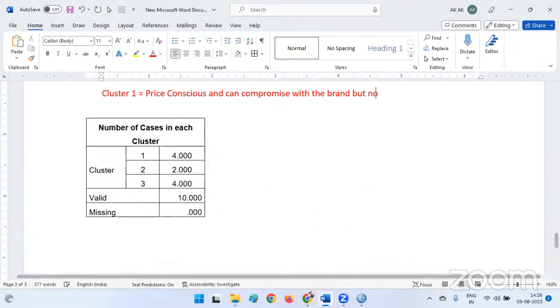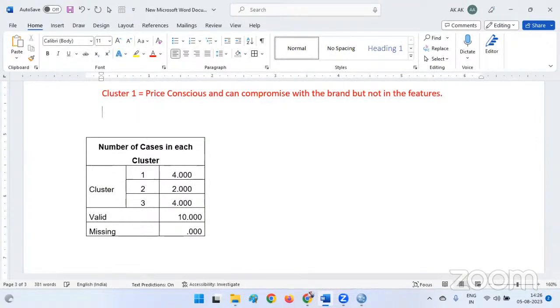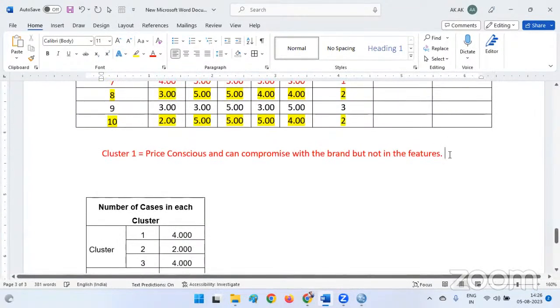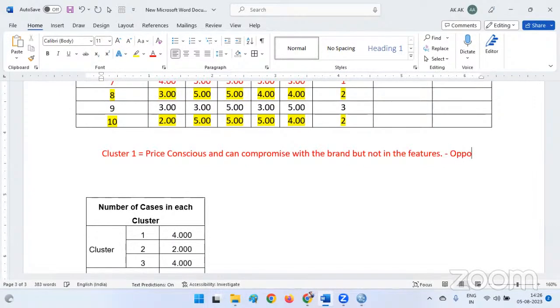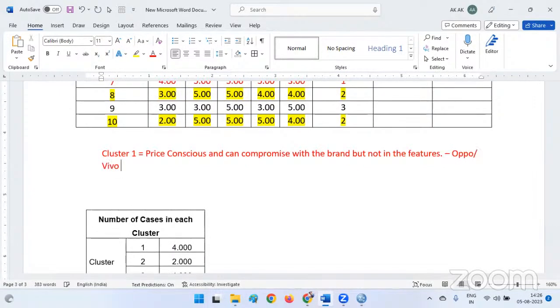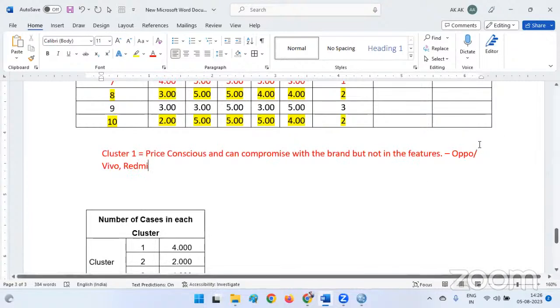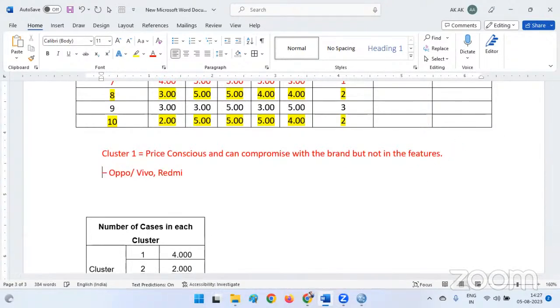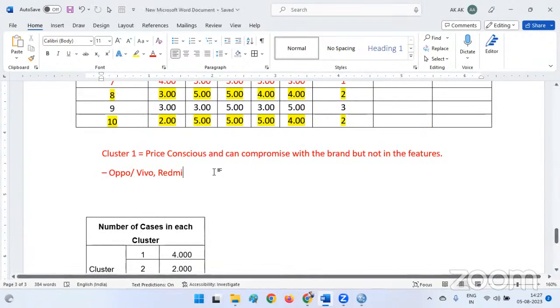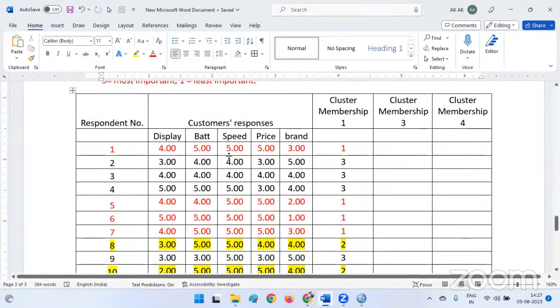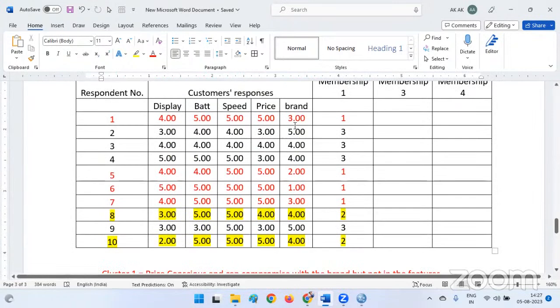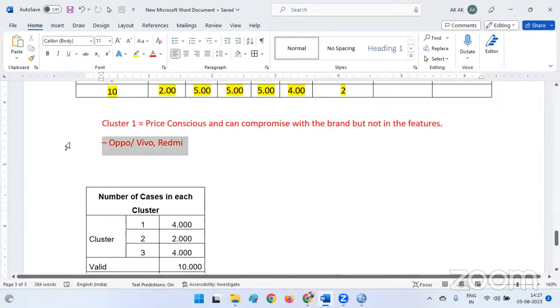So they can go for a phone like Oppo, Vivo, which are economic, or Redmi or Xiaomi. They can go for these sort of phones. They don't want to compromise on the features, and they're not conscious about brand, but about the price. So this is a good segment for them.